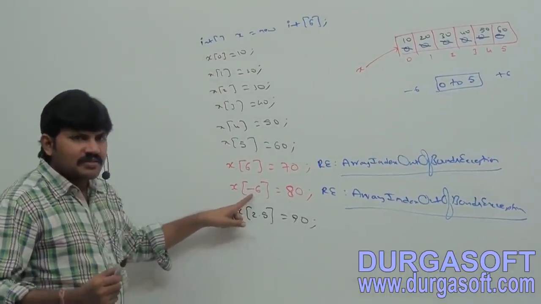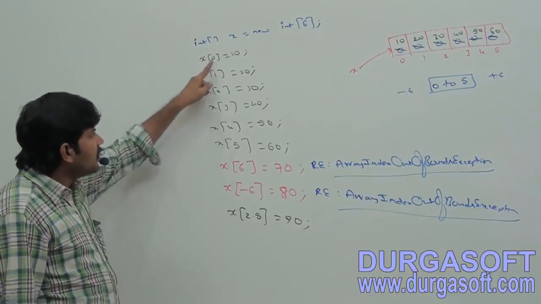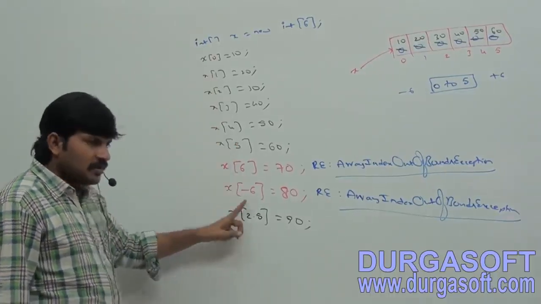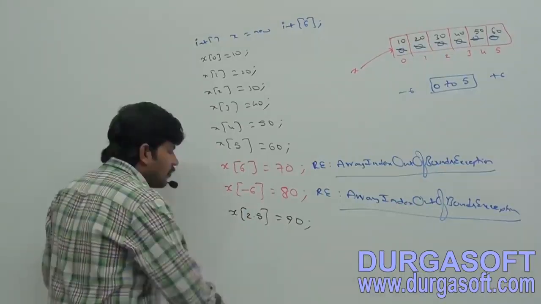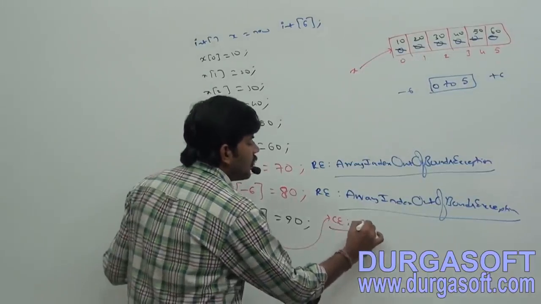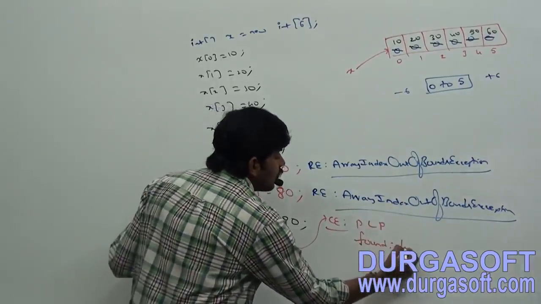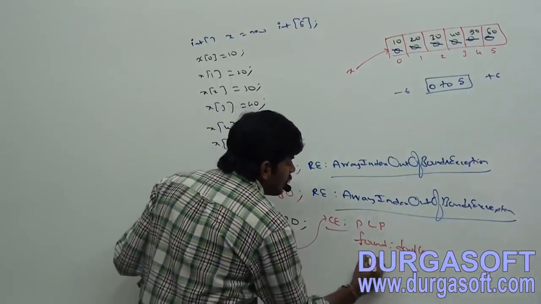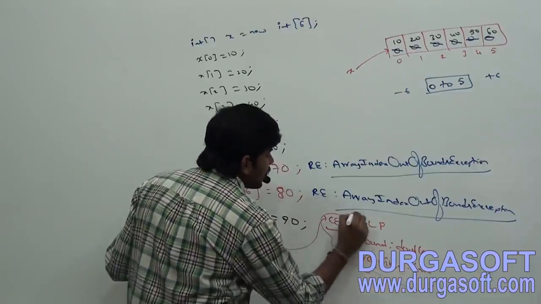Plus or minus, within the range or out of range, the JVM takes care. Is it a valid int value? No. Immediately we get a compile time error saying possible loss of precision, found double, required int.